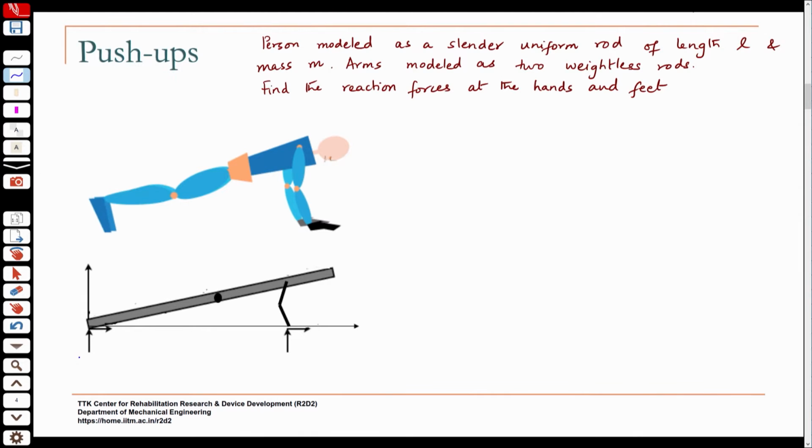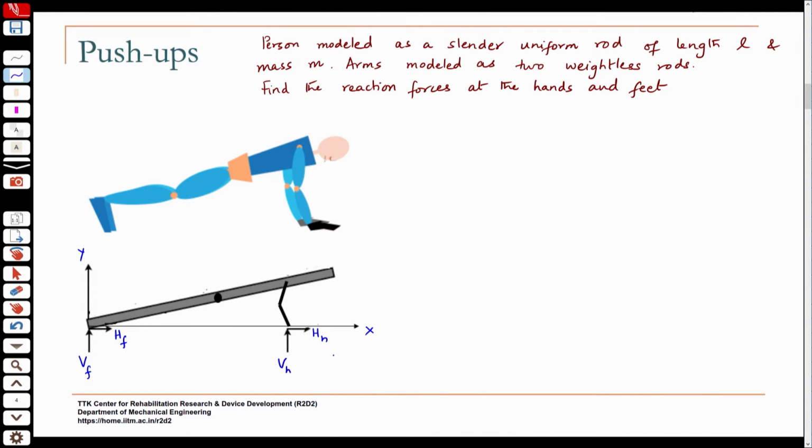So, let us say at the foot you have, say this is my xy coordinate system, at the foot I have Vf and Hf, the vertical reaction force and the horizontal reaction force, and then at the hand I have Vh and Hh, so these are like 4 unknowns here.